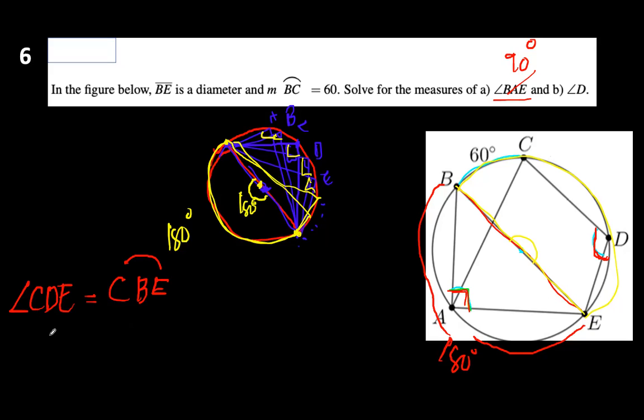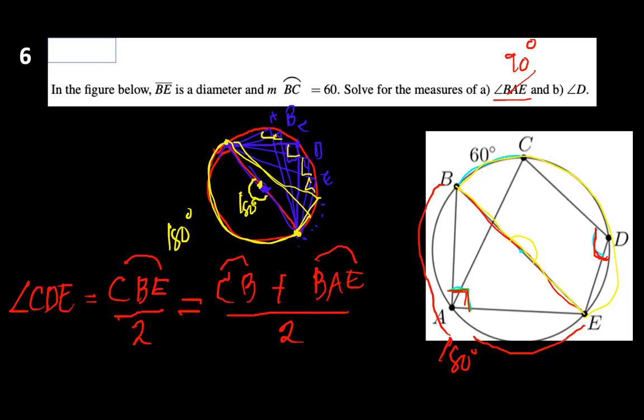And since CDE is an inscribed angle, half of its intercepted arc is equal to the inscribed angle. And we knew that arc CBE is composed of arc CB plus the arc BAE, all over 2, right?